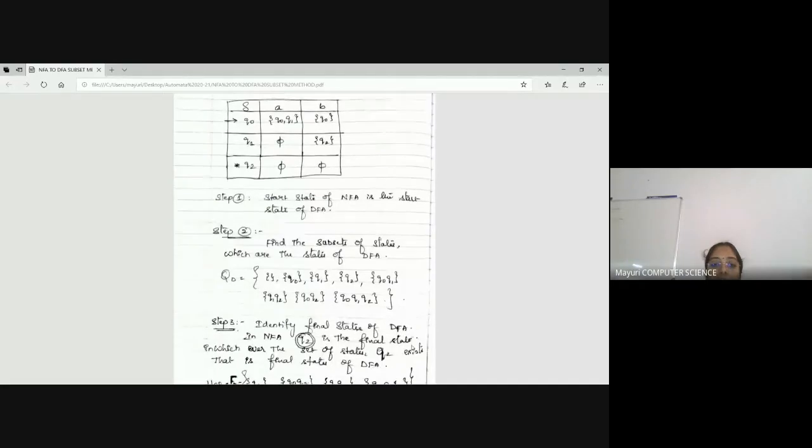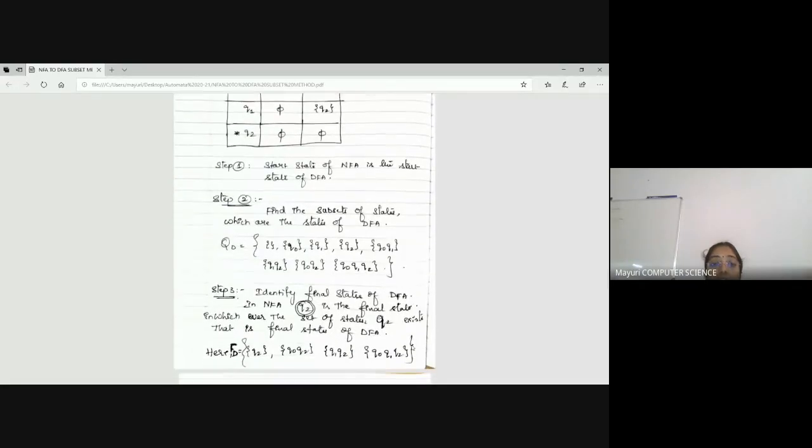Now what do I have to do? I have identified the start state. I have identified the set of possible states in my DFA. Which is my final state? Which is the final state in your NFA? Q2, right?